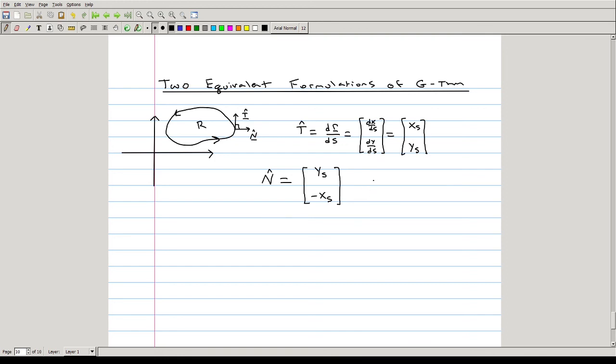You can go through and show that they're perpendicular directly by taking the dot product. It's going to be x_s times y_s minus x_s times y_s, which is equal to 0.